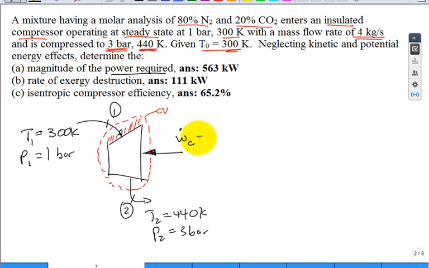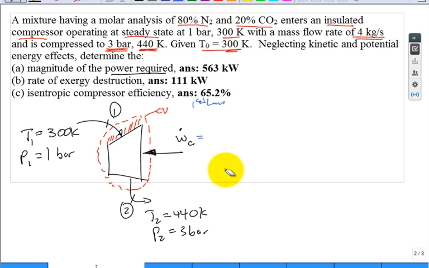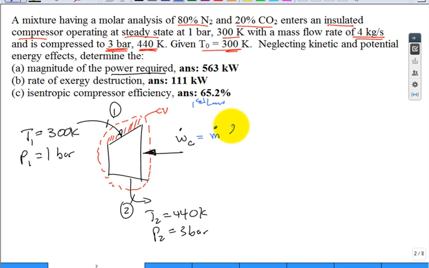W dot C. So I do a first law analysis for that system. There's Q dot equal to 0, and the change in kinetic and potential energy equal to 0 at steady state. I've done this so many times. I can write it on a mass basis. Let me do it this way: mass flow rate times the change in the enthalpy.